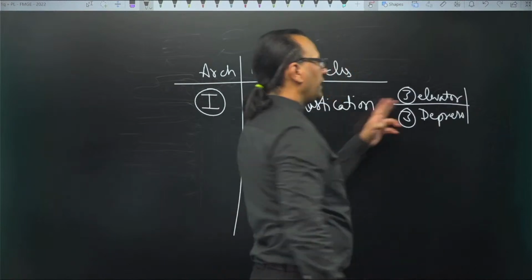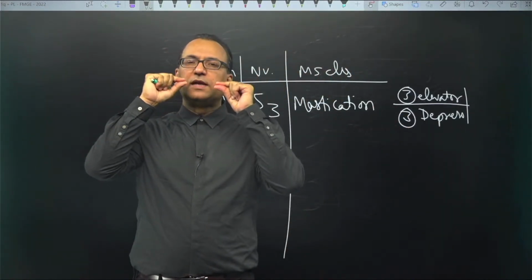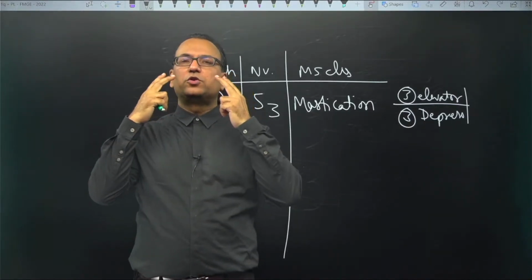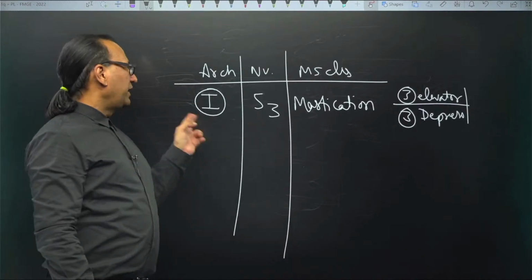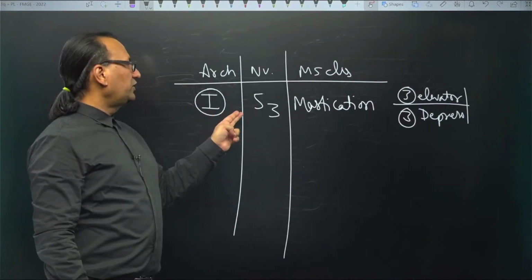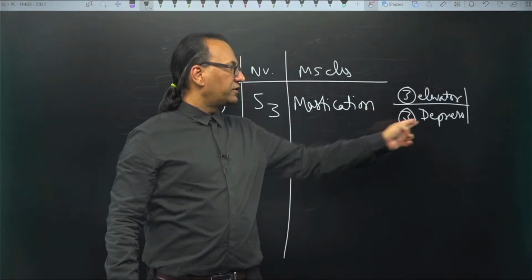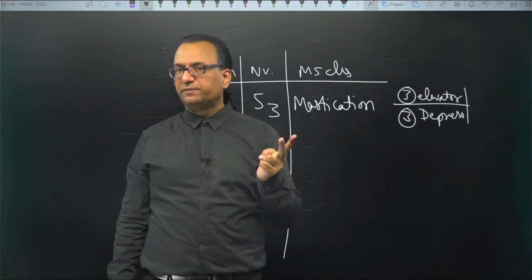Now, if you say 3 elevators, they will be elevating the mandible so that you close the mouth. And if you say 3 depressors of the mandible, then you are opening the mouth. So, close and open the mouth using muscles of mastication. I mentioned there are 8 muscles in the first pharyngeal arch. Mostly they are muscles of mastication, like we have 3 elevators, 3 depressors, but there are 2 additional muscles which have nothing to do with mastication.